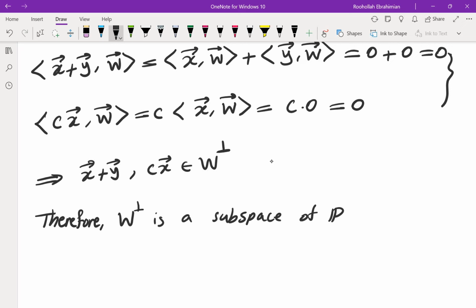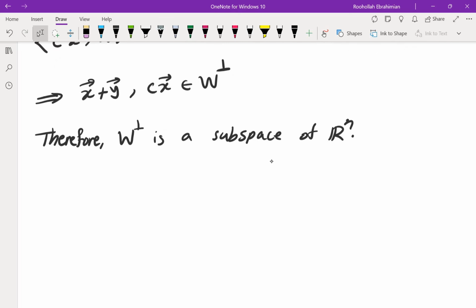Okay, so now we will have to show that the dimensions add up to n. Choose a basis for W and choose a basis for W perp.